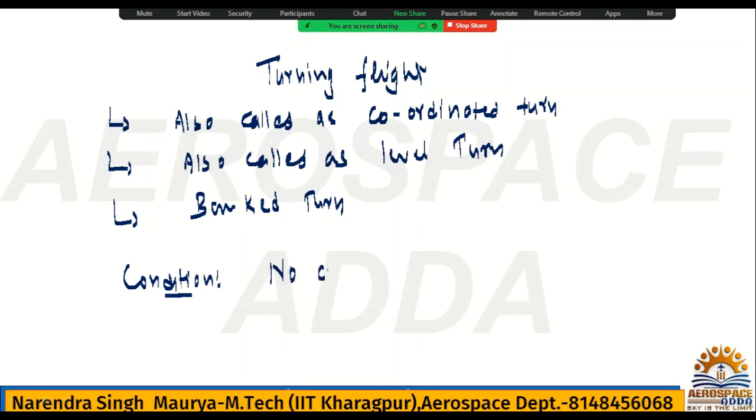This is the one condition during the turning. Okay, there is no change in altitude during the turning. That's the reason it is called level turn also. So what is the meaning of the types?